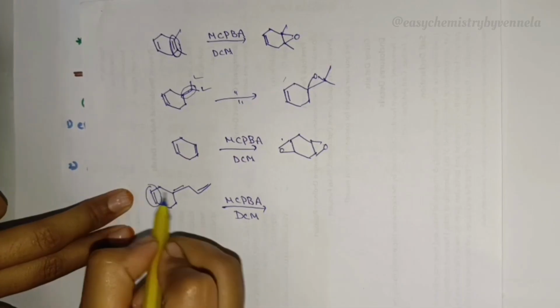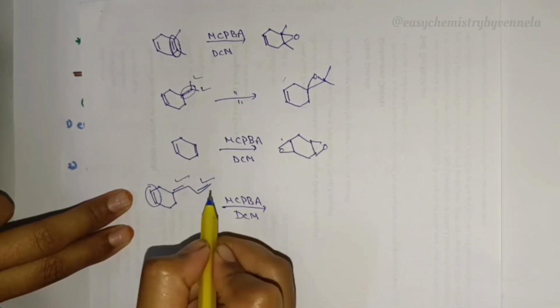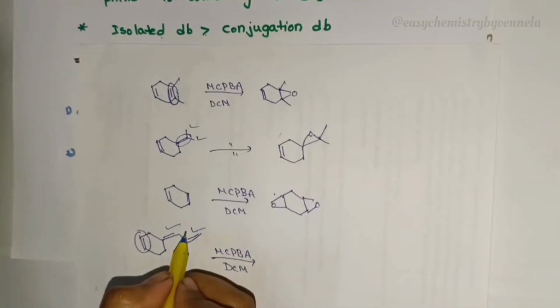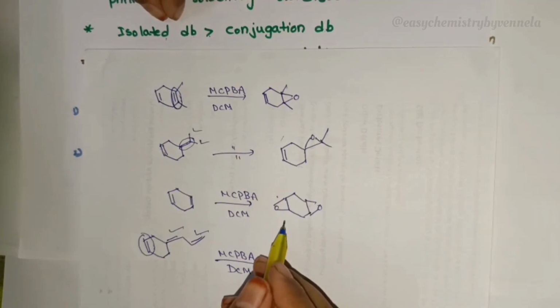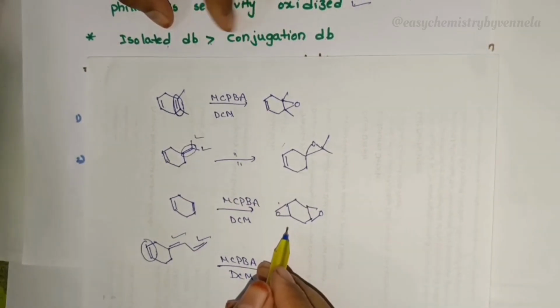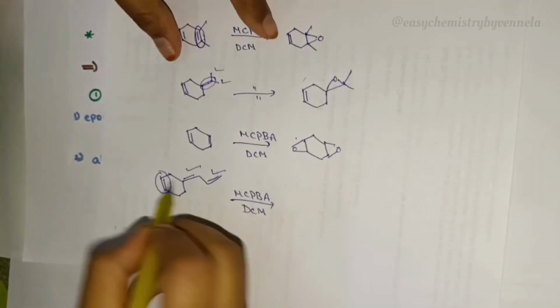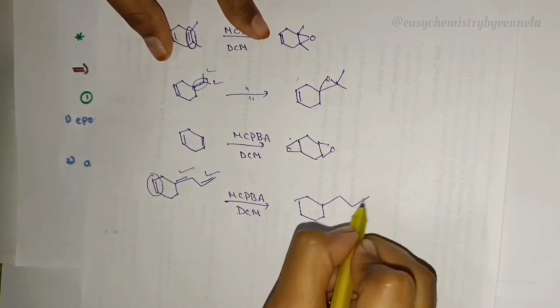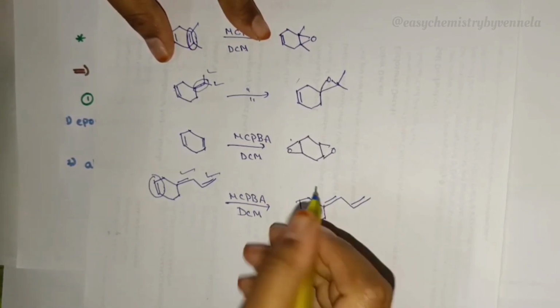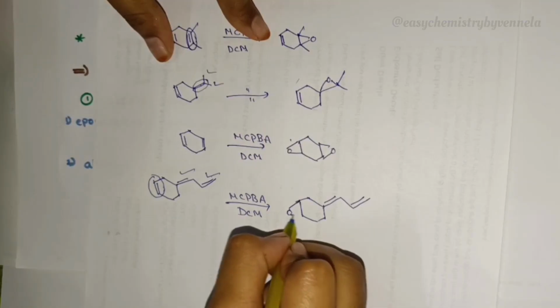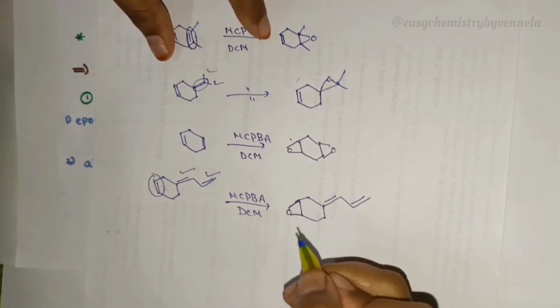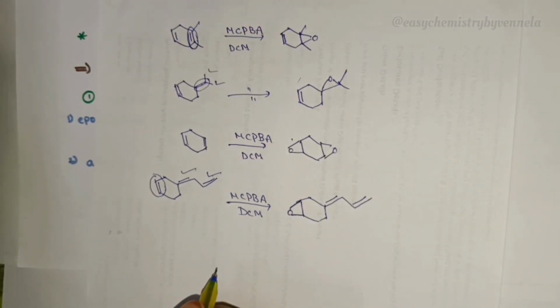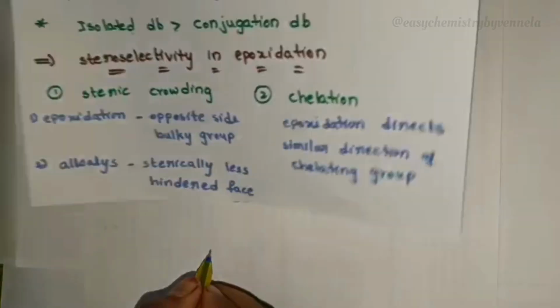This one, because these two are in conjugation. The point is, an isolated double bond is more nucleophilic than a conjugated one. So here it takes epoxidation like this.